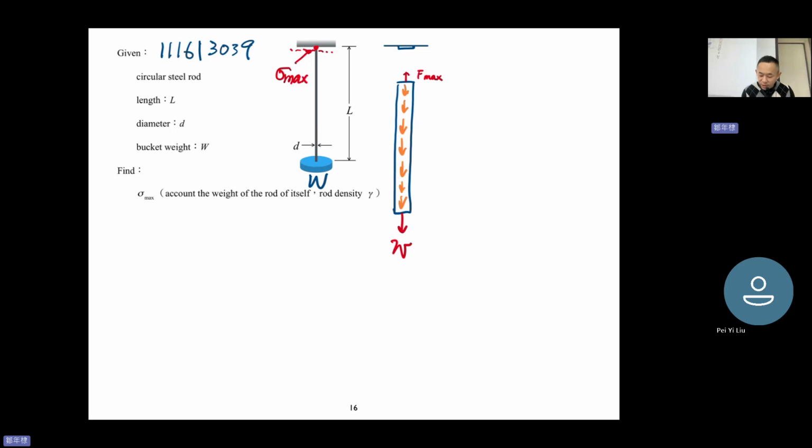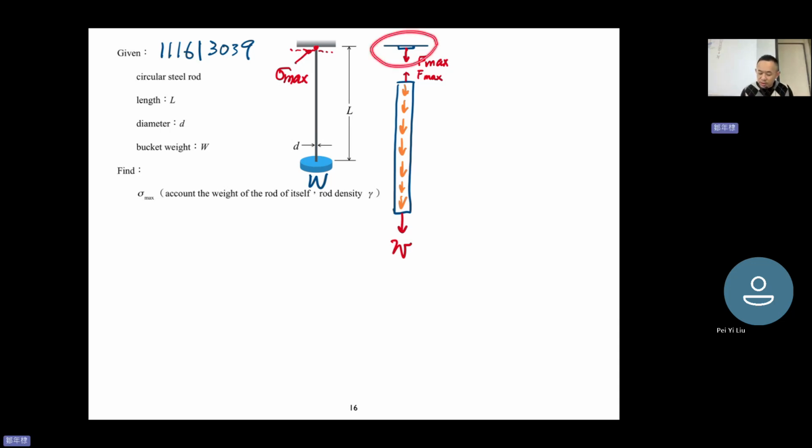But if you cut it, you have a force F mix at this point. So suppose this point has an opposite force with the same magnitude, because they are opposite, okay?